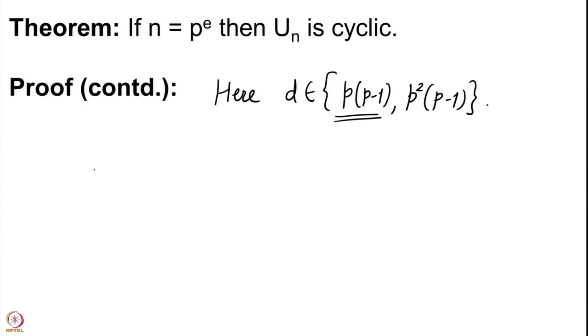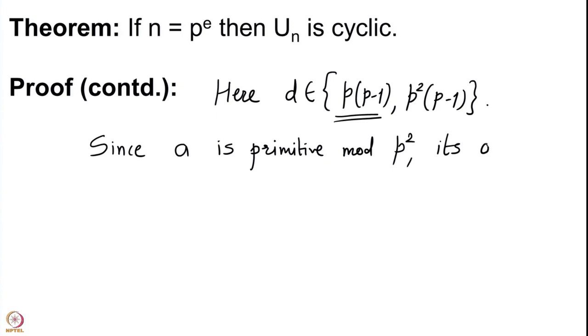So, for that we use that since A is primitive mod P square, its order in U p square is P into P minus 1.